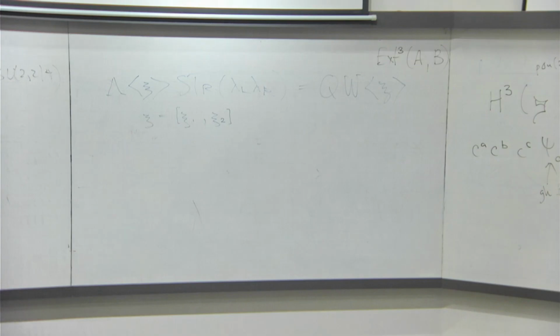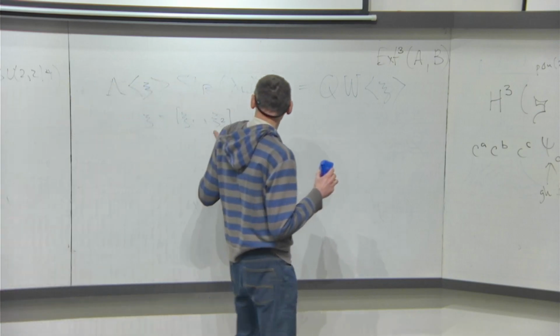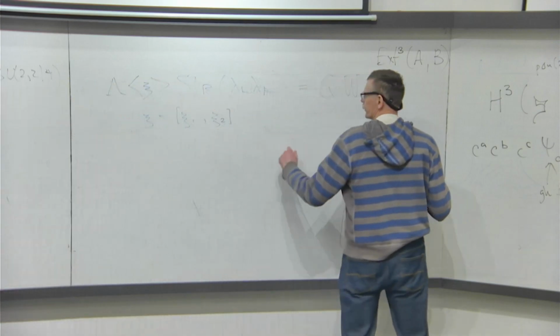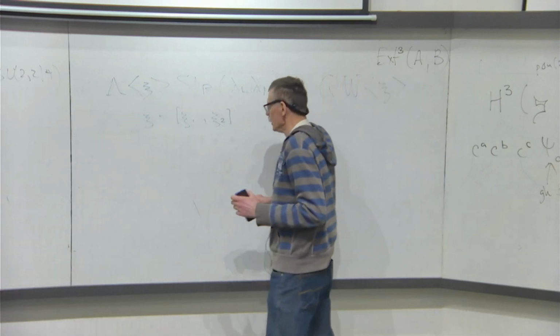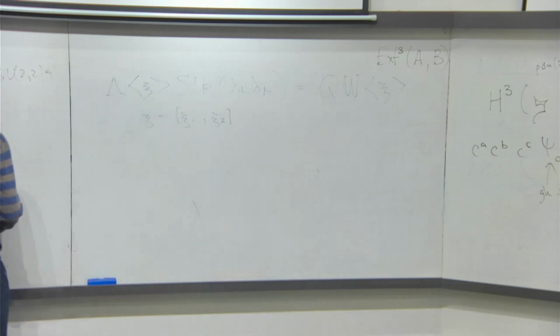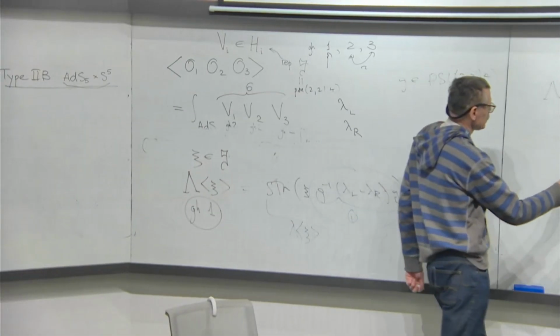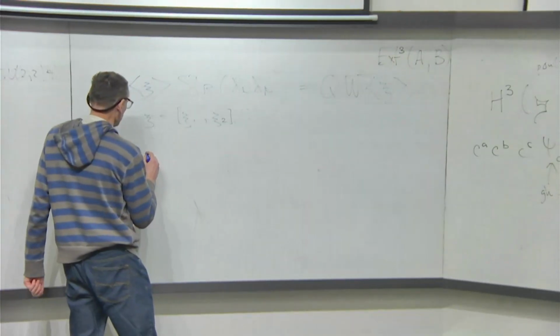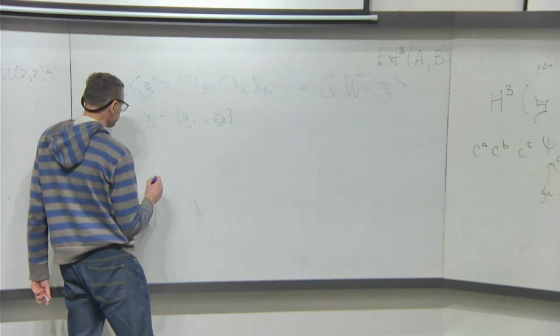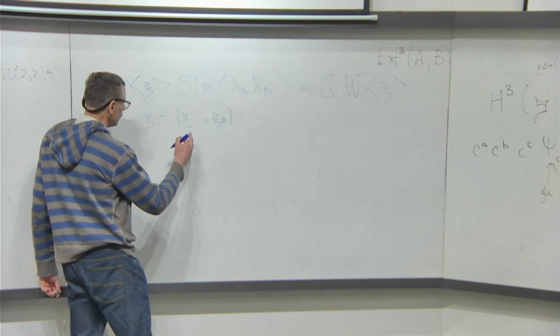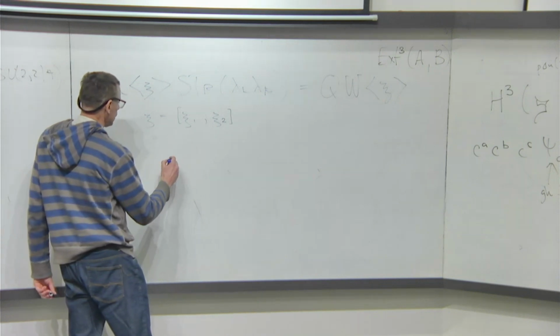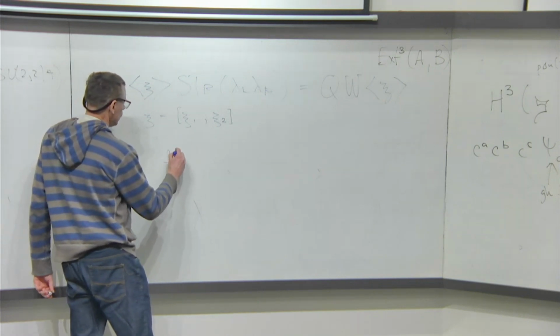But the problem is that in the supersymmetric case, this cannot be done covariantly. If it were a bosonic algebra, for example SU(4), I could have written something like f_AB.